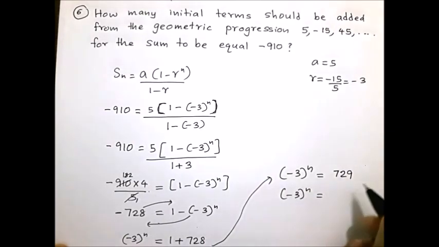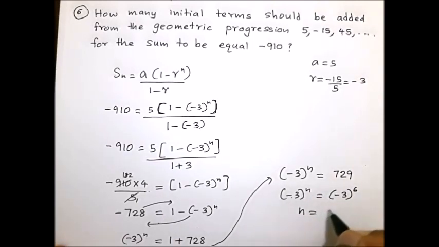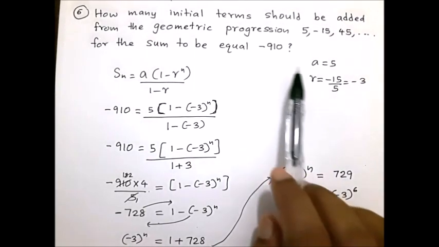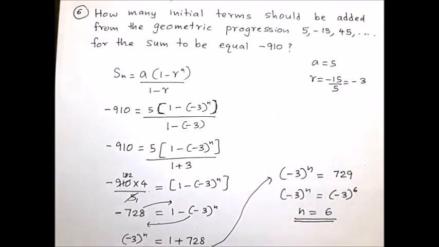Now write 729 as a power with base 3. It is minus 3 to the power 6. Now both sides have the same base. You can equate their indices. N equals 6. Sum of 6 terms is equal to minus 910.